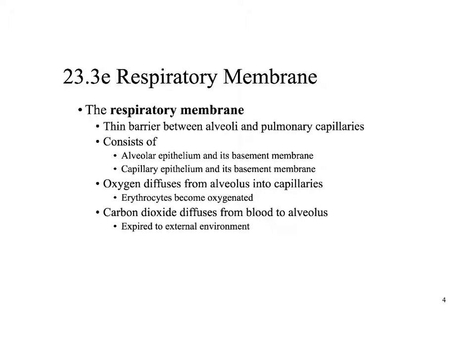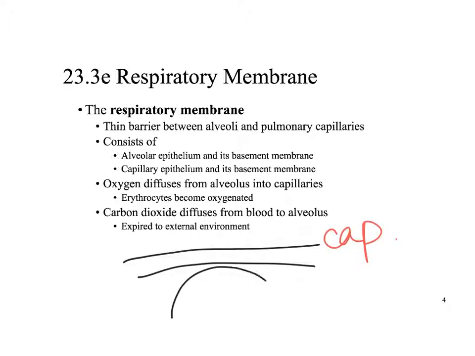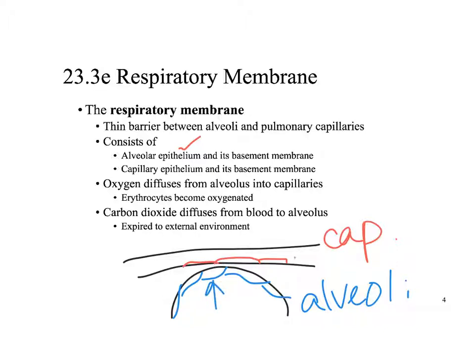Now the respiratory membrane. It's this thin membrane. If this is a capillary, and this is the alveoli, here are the simple squamous cells of the alveoli, and here are the simple squamous cells of the capillary. So we have the alveolar epithelium, right here, and then we have the capillary epithelium and the basement membrane.